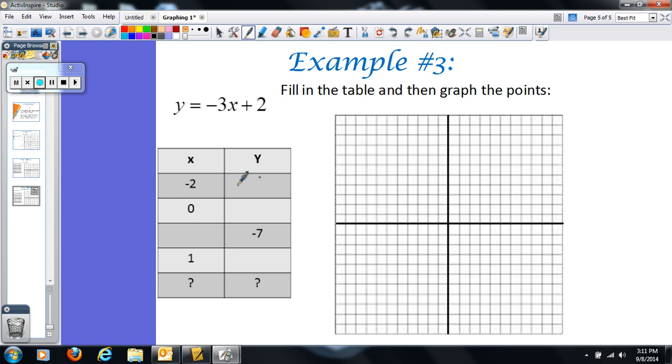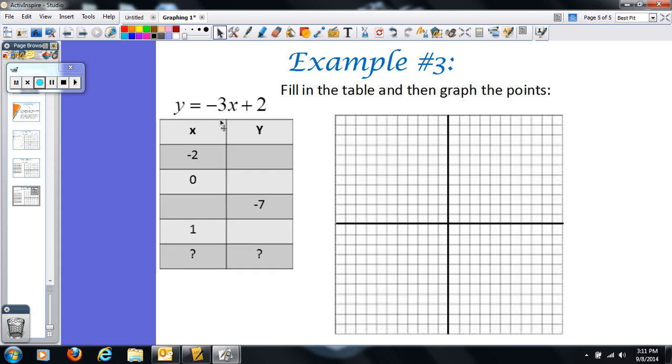I'm asking you to fill in the table, just like we did before. So I have negative 2 for the X. Move this up a little bit. So I have Y equals negative 3 times negative 2 plus 2. That's positive 6 plus 2. Y equals 8.